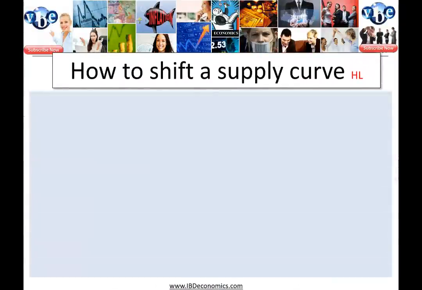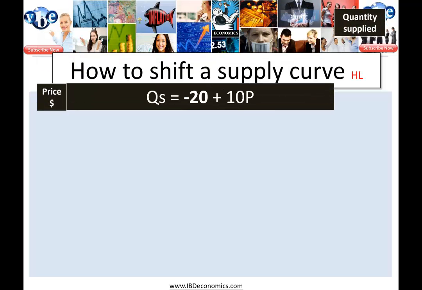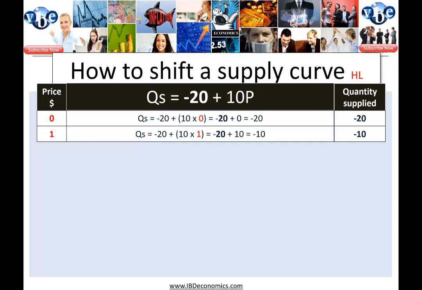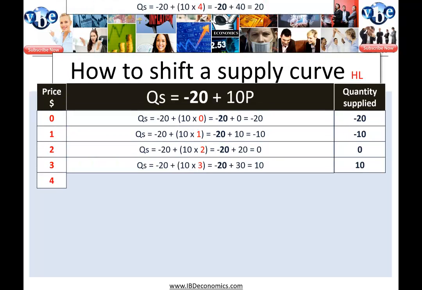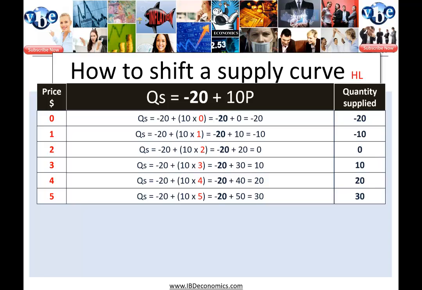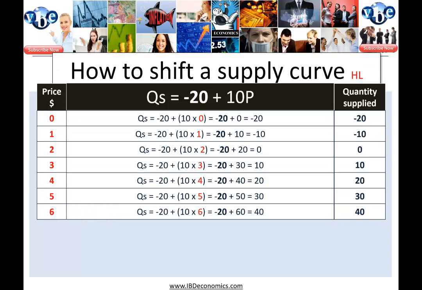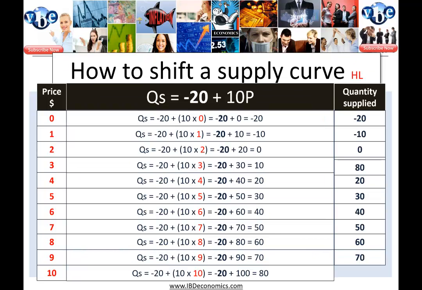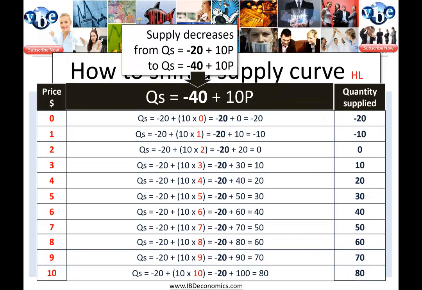Shifting a supply curve. So here goes our quantity supplied equation, minus 20 plus 10p. Okay, so we have a change now. The supply decreases from QS equals minus 20 plus 10p.